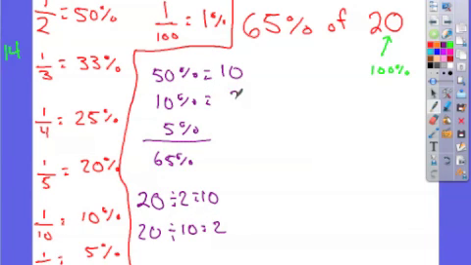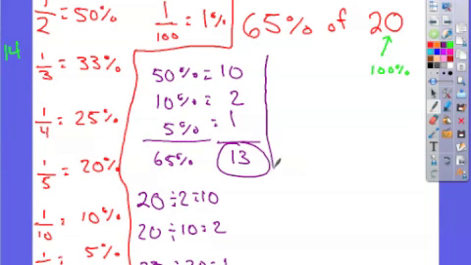Now I need 5% of it. 5% is 1/20. So that would be 20 cut into 20 pieces, which of course is 1. Now I just need to add everything together, and my final answer is 10, 12, 13. 65% of 20 is 13. So that is my answer to this problem here.